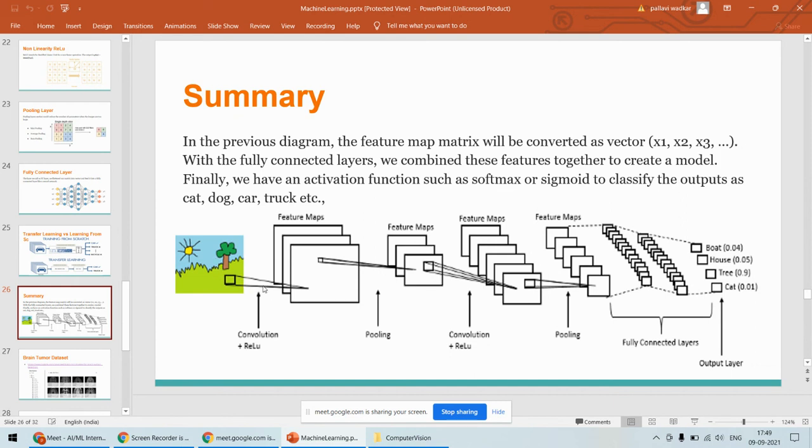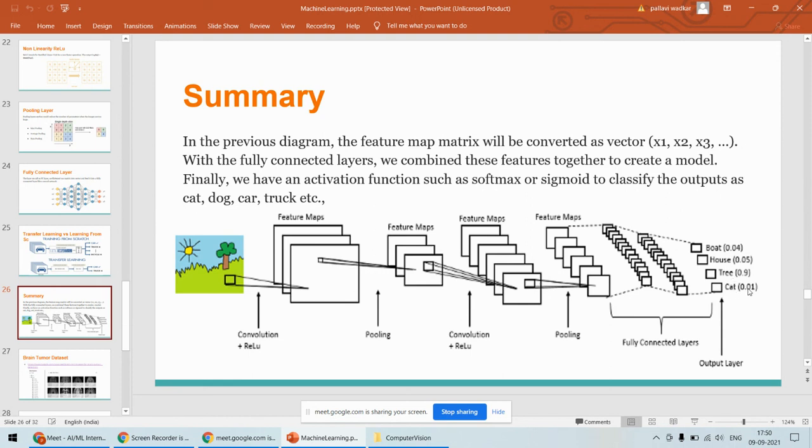तो पहले इसको कन्वोल्यूशन होगा, फिर रेलू होगा, फिर पूलिंग होगा, तो हमें छोटा पिक्चर मिलेगा। फिर से कन्वोल्यूशन होगा, फिर से रेलू होगा, फिर से पूलिंग होगा, तो फिर हमें यहाँ पे फीचर्स मिलेंगे। फिर फुल्ली कनेक्टेड न्यूरल नेटवर्क को हम ये सब कुछ देंगे और वो नेटवर्क ट्रेन होगा। तो एट द एंड यहाँ पे आउटपुट मिलेगा। बोट का मिला है 0.04, हाउस का मिला है 0.05, ट्री का मिला है 0.9, दैट मीन्स 90% चांस है कि ये जो इमेज है वो ट्री का है.